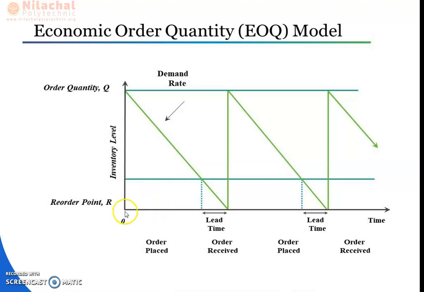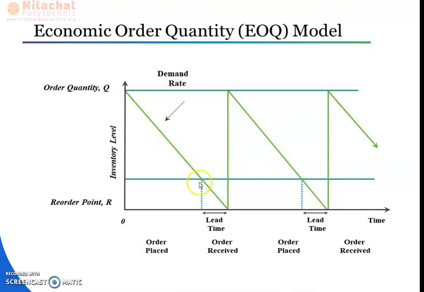The inventory starts at the 0 point and reaches the maximum quantity Q. From 0 to this is your maximum quantity, the maximum amount of stock that should be present for the production system. Then the consumption rate starts.